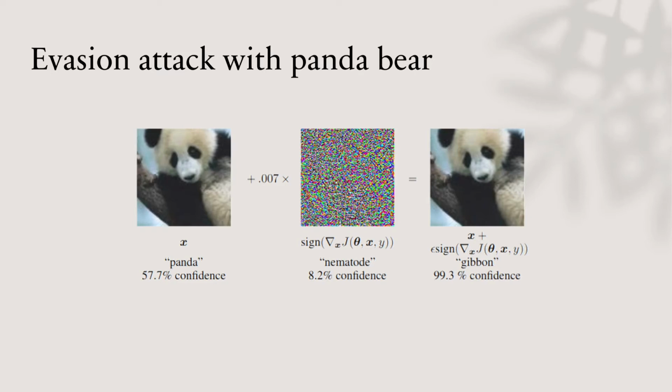But if we tamper the image by slightly changing the value of each pixel with noise, the image will be classified as a gibbon with 99.3% confidence. This is more confidence than when it tried to classify the panda initially. This is a major issue, as the tampered image is clearly a panda to a human, but not necessarily to a network.